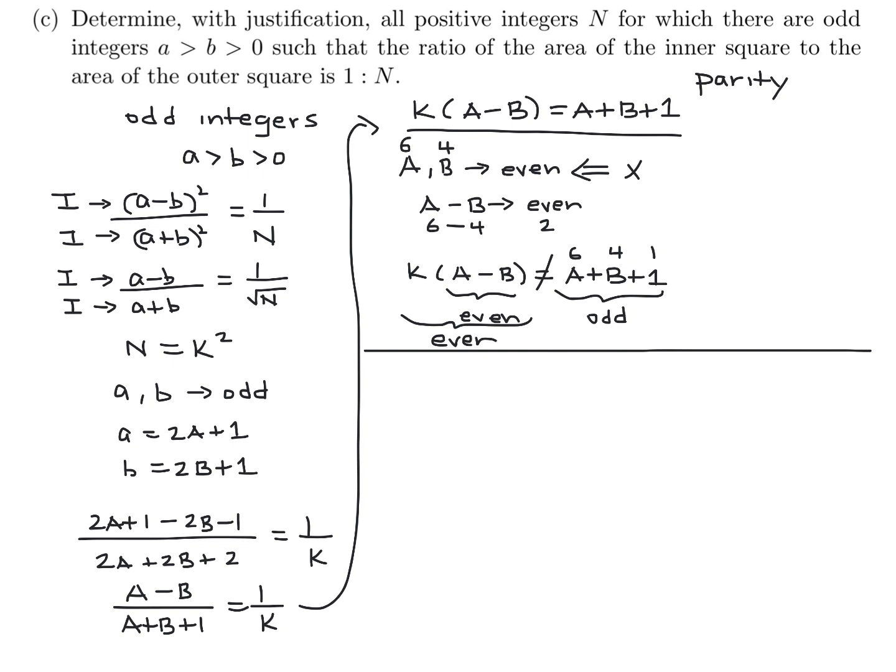Okay, keep going. What about if you have both of them as odd? Well, if they're both odd, so we're pretty much doing the same thing, but this time we're saying they're both odd. Okay, so whatever, right? Say 7 and 3. Then a minus b would be an even number.